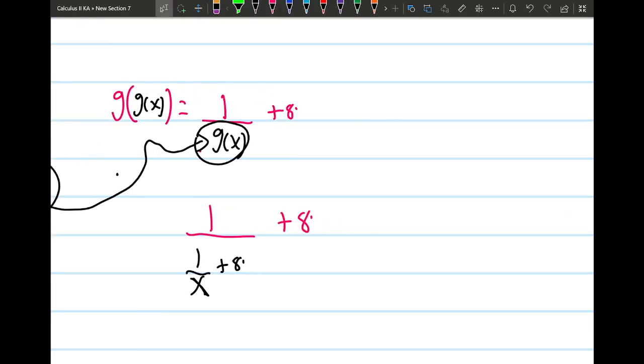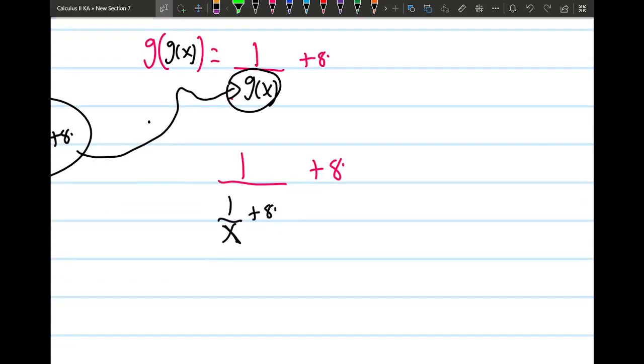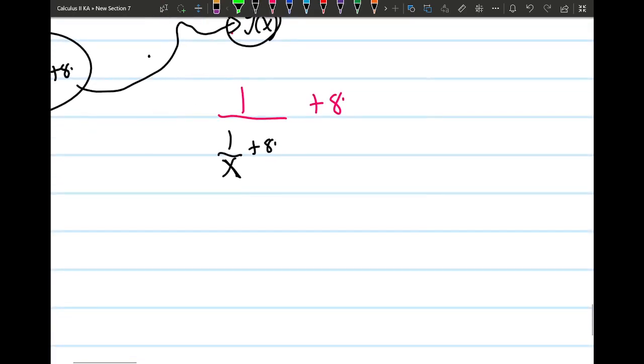And now the only thing to do here, and this is considered a nested fraction, I think is what they call it. The first thing I'm going to do is simplify the bottom. So this one's like the last one where it's a little harder. So I'm going to simplify 1 over x plus 8.